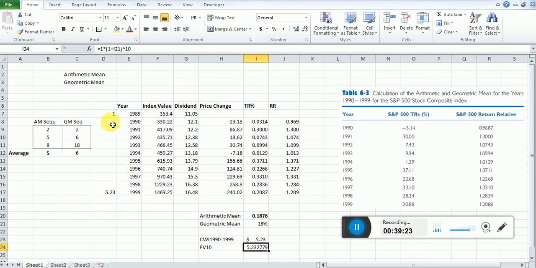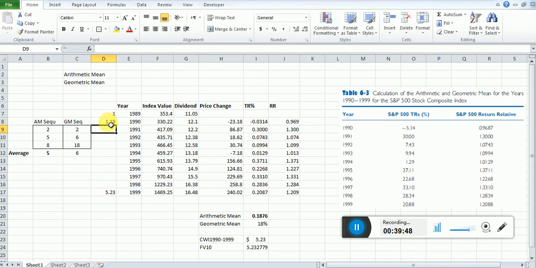Or in other words, if you make an investment of $1 here in 1989, after 1 year this $1 will increase by how much? 18%. Just click on this value and it increases 18%. If you remember, I have explained that to increase this by 18%, you have to multiply it by 1.18.